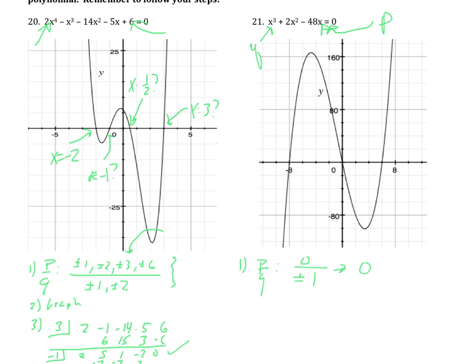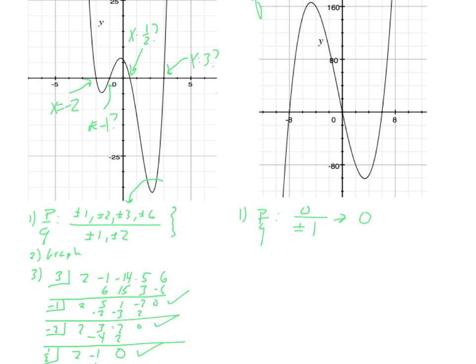If I have x to the third plus 2x squared minus 48x, the GCF is x. So I could write that as x times x squared plus 2x minus 48.